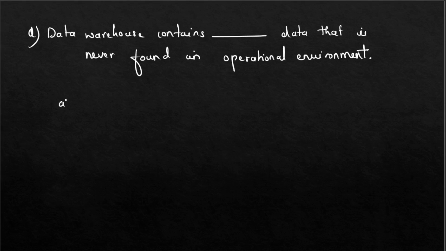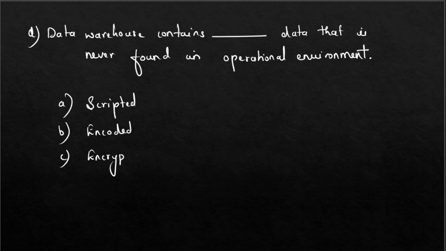A is scripted, B is encoded, C is encrypted, and D is summary. So think about it, which is the correct answer, everyone?